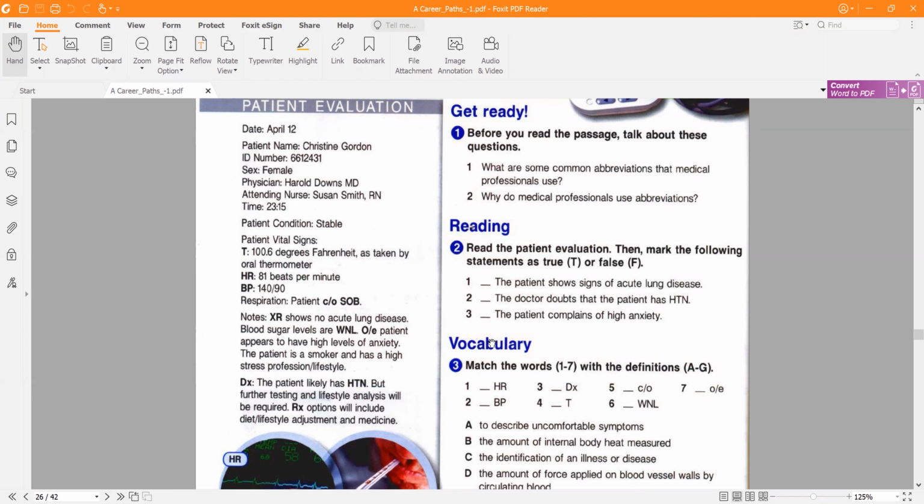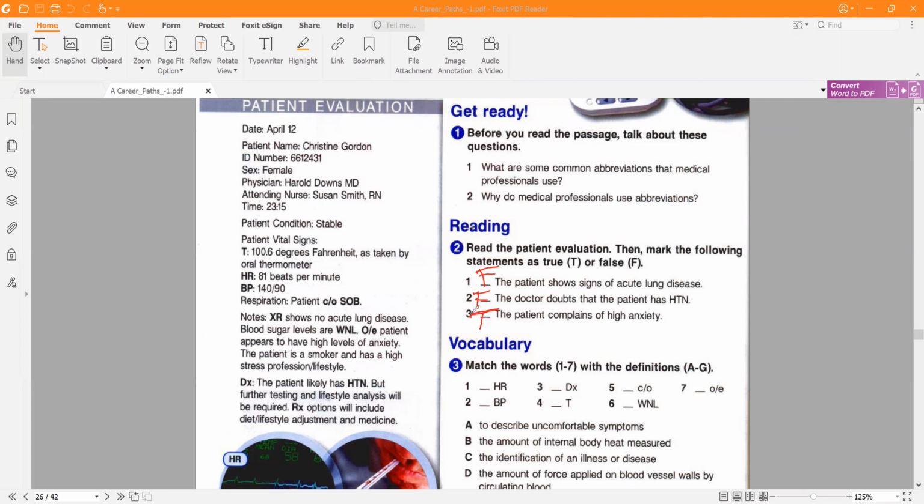No, he said no signs, so this is false. The doctor doubts that the patient has HTN, false again. And then the patient complains of high anxiety, yes, because of his lifestyle, so this is true.